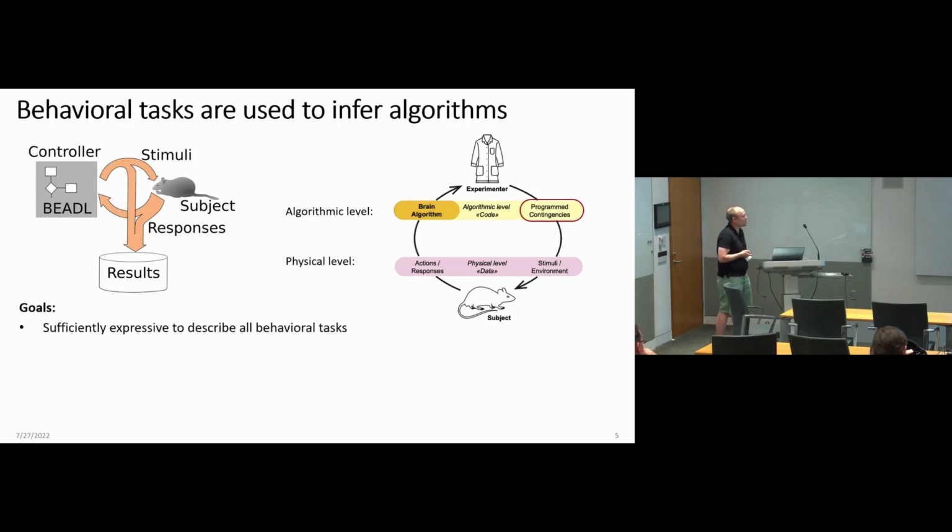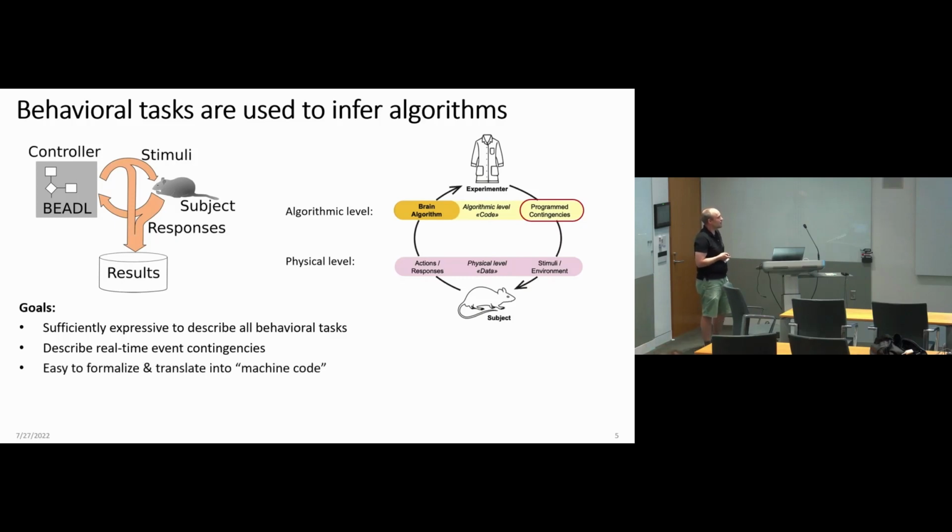So the overall goal for this project is having a sufficiently expressive way of describing all behavioral tasks. Of course, all behavioral tasks across all different subject types is a pretty big goal. But also being able to describe real-time events or real-time contingencies, and having a rigid formal way of describing it, making it not easier, but straightforward to translate to some kind of machine code to run on the behavior control system.